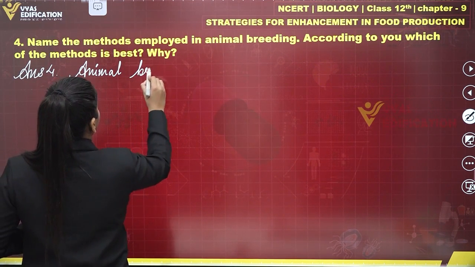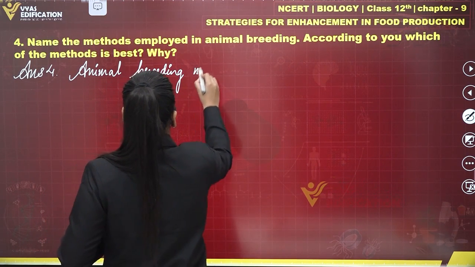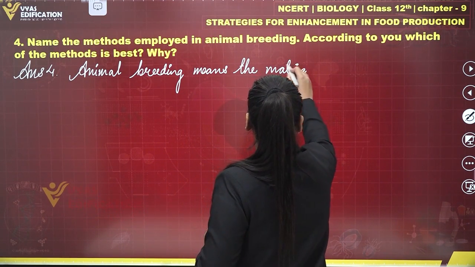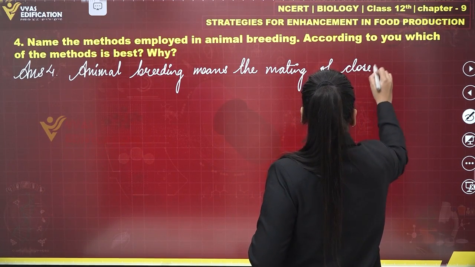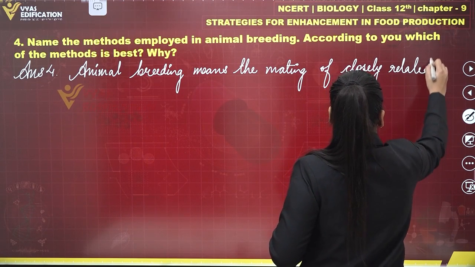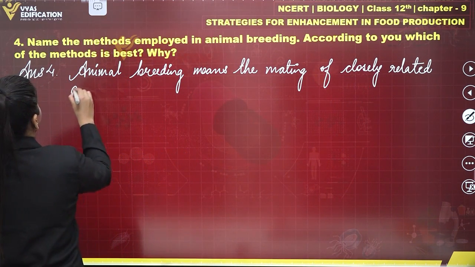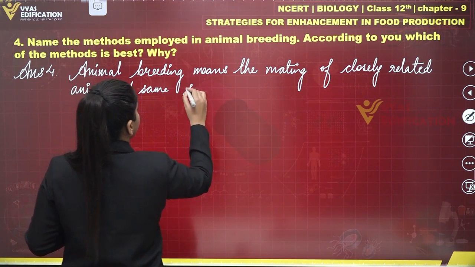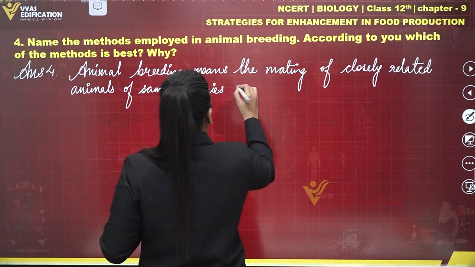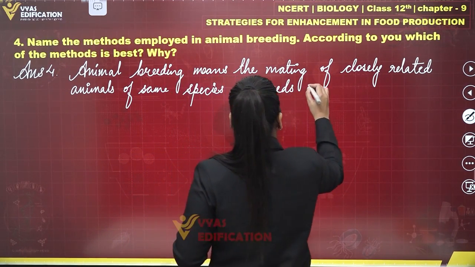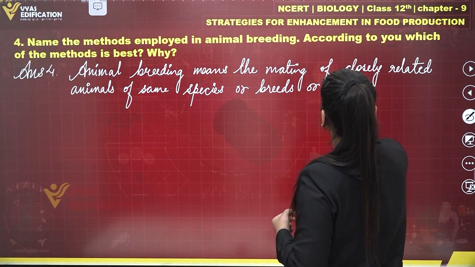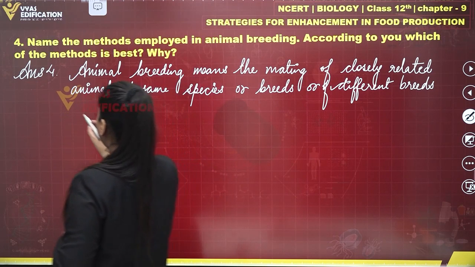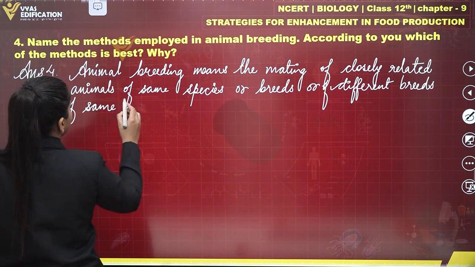So animal breeding means the mating of closely related animals of same species or breeds, or of different breeds of same species.